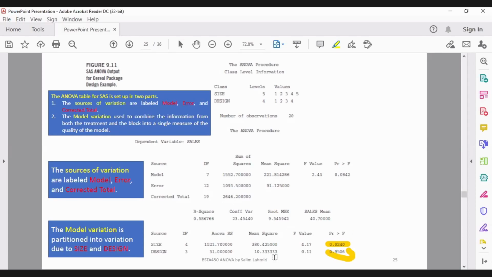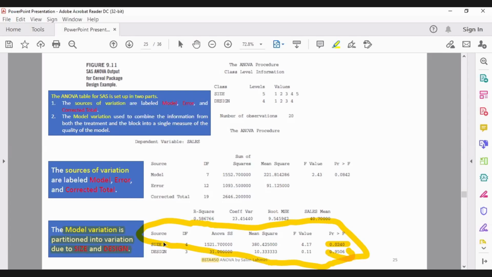In a question regarding this table, this is the most important one. This table is very important. You can check, you can split equality of means across size and across design.